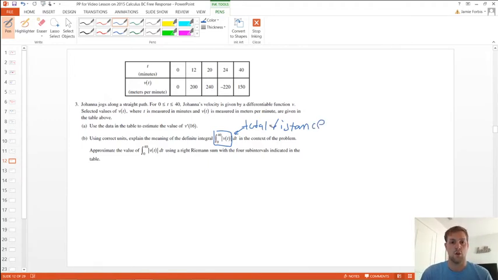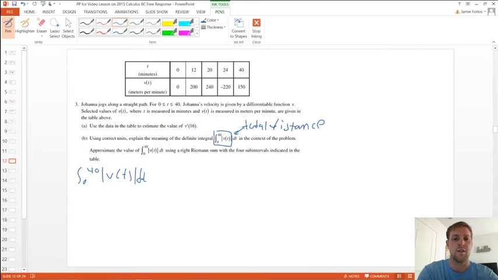Okay, so if I want to explain that in the context of the problem, the integral from 0 to 40 of absolute value v of t dt, all you gotta do is state something about how it's total distance, and you want to put it in the context of the problem. So you want to use the correct measurements and say what's going on.